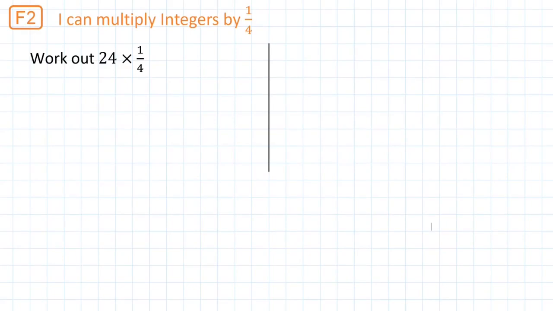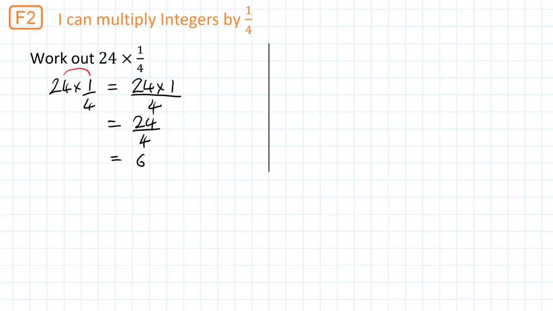In F2, we're multiplying integers by a quarter, so let's work out 24 times a quarter. We start in exactly the same way. We multiply together the whole number and the numerator. 24 times 1 is 24, divided by 4 is 6.